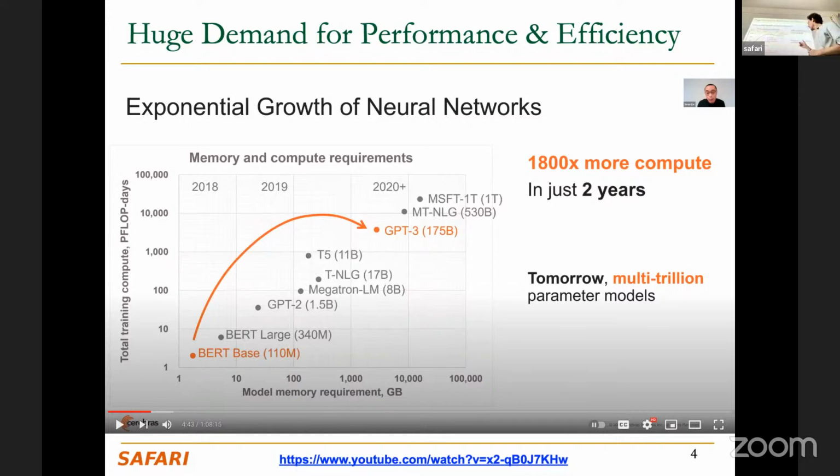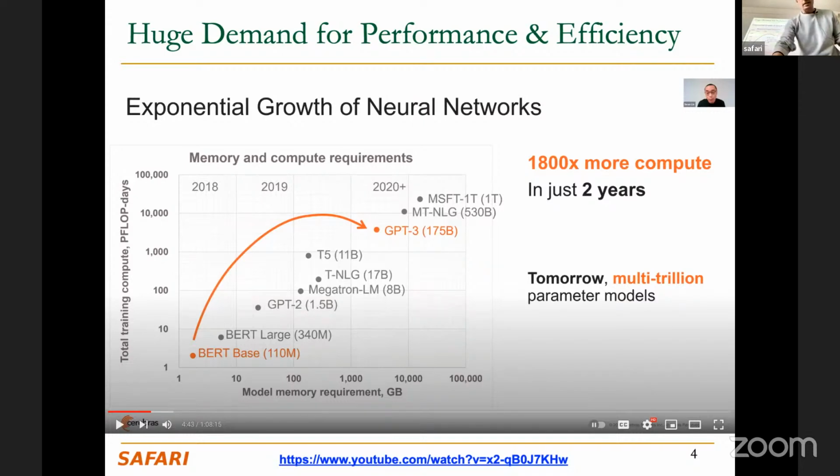By the way, the slide comes from a talk by Sean Lie, one of the founders of Cerebras. This talk was delivered last year as a SAFARI Live seminar, and Cerebras, as you may have heard, is a company that fabricates huge chips, wafer-scale accelerators for machine learning and neural networks.